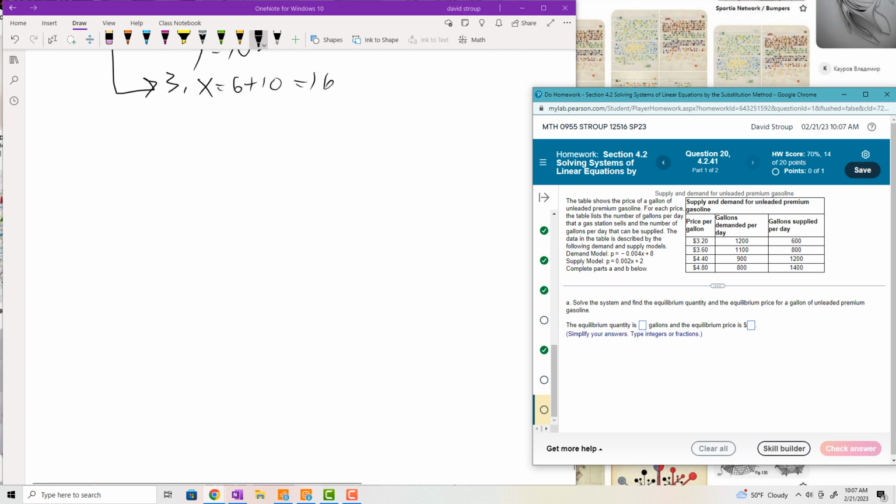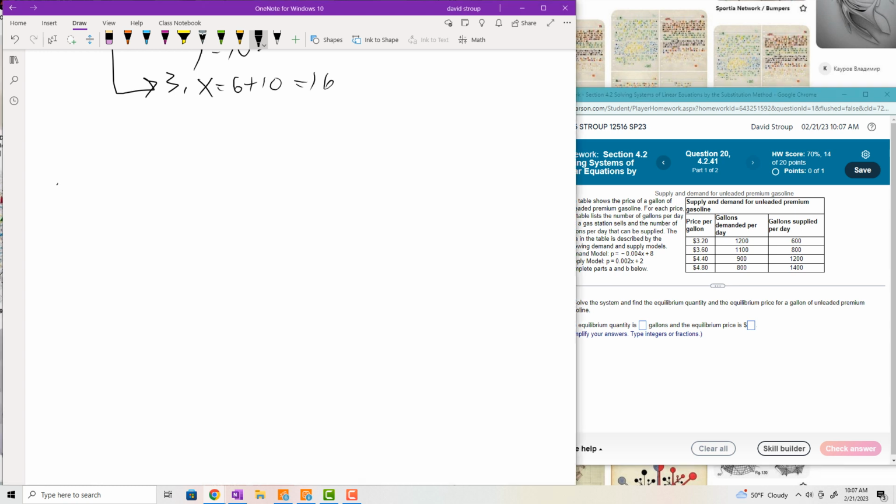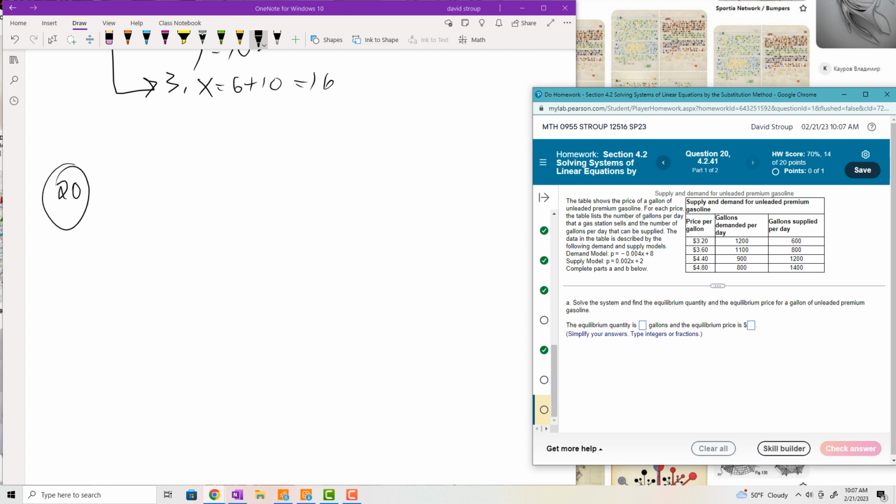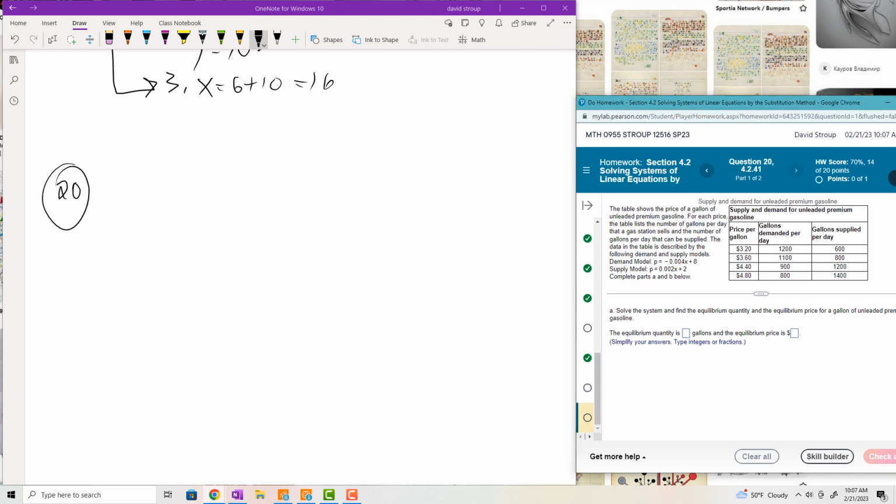Okay, so this is the equilibrium solution for supply and demand models. Problem 20. Okay, so it's about gasoline, and they're saying the x variable. What is x? So the table shows the price of gallons of unleaded premium gasoline.